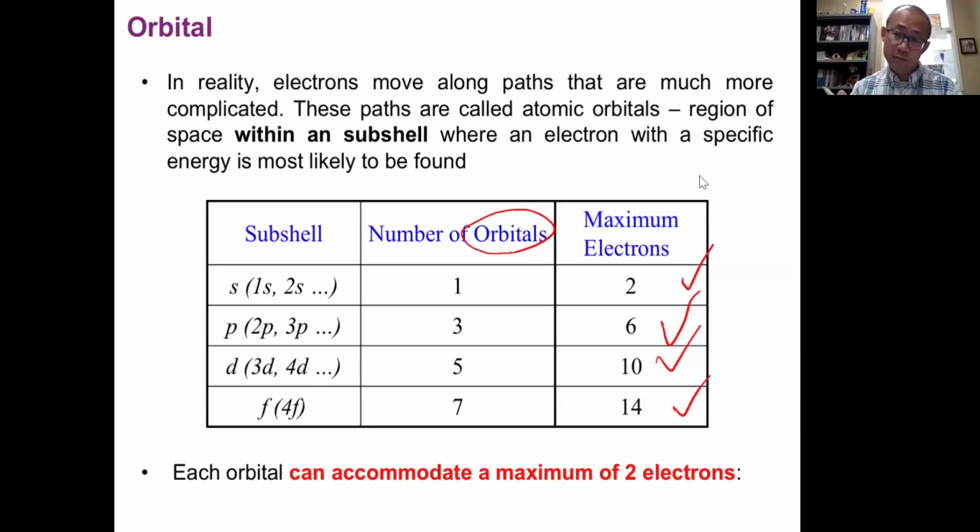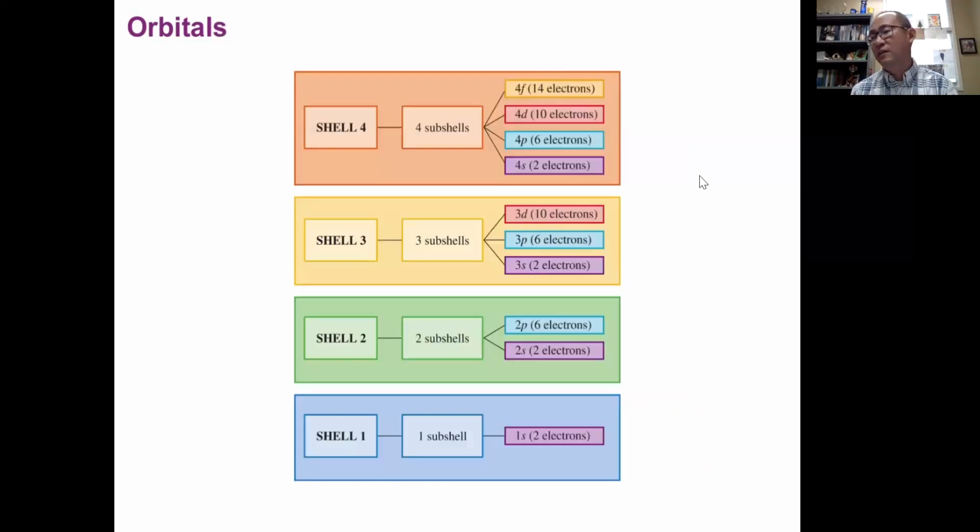So this is what we have learned so far about dividing the empty space outside the nucleus. This is the space where electrons will be filled.